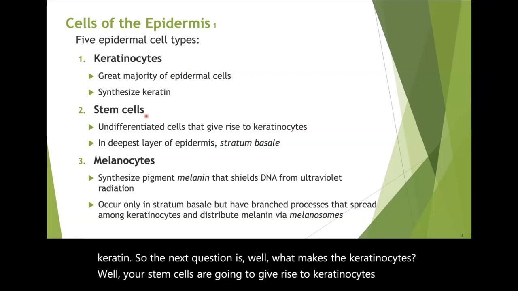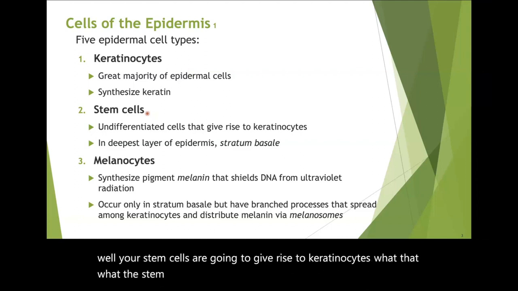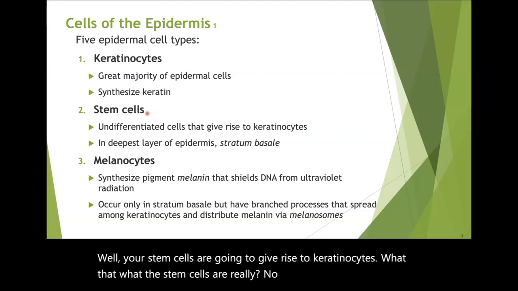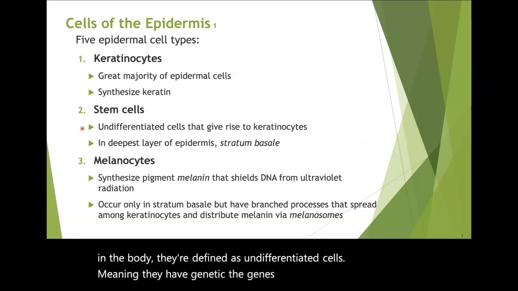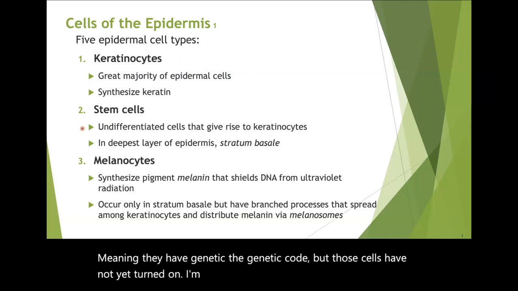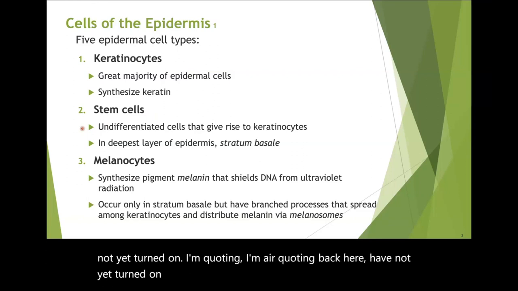No matter where they are located in the body, stem cells are defined as undifferentiated cells, meaning they have the genetic code, but those cells have not yet turned on, I'm air quoting here, what they're going to turn into.